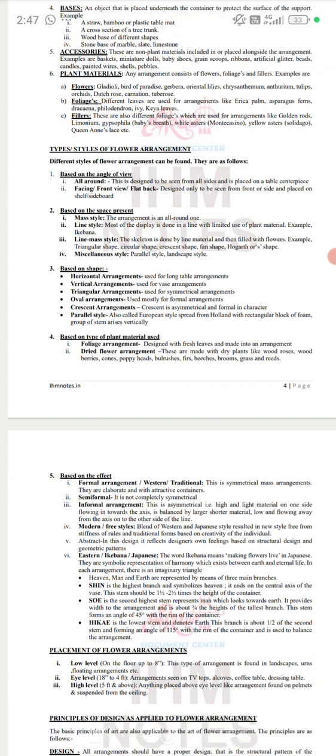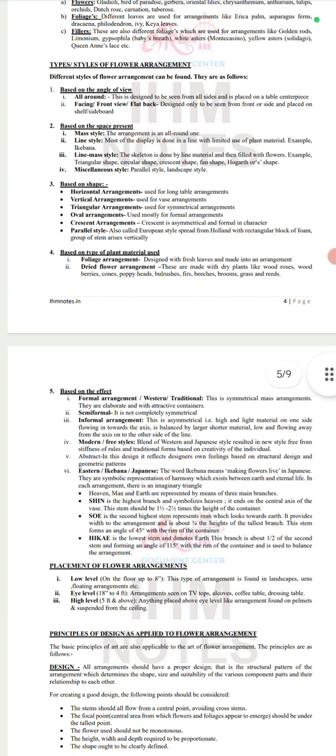Based on size and shape: horizontal arrangement, vertical arrangement, triangular arrangement, oval arrangement, crescent arrangement, parallel style. Based on type of plant material used: foliage arrangement, dried flower arrangement.